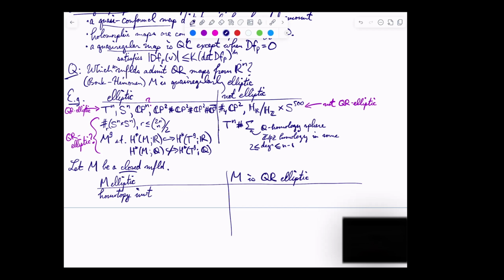And similarly, QR ellipticity, well, we know it's PL homeomorphism invariant. So again, if you have a PL homeomorphism, you can make it quasi-regular. But then that generates a new open question: are exotic spheres quasi-regularly elliptic? We don't know.